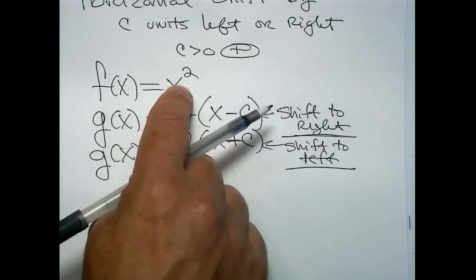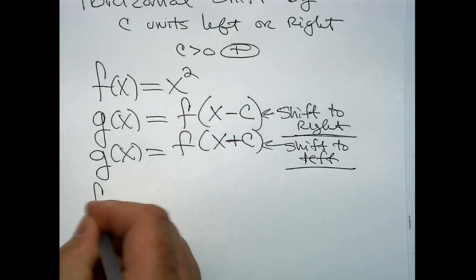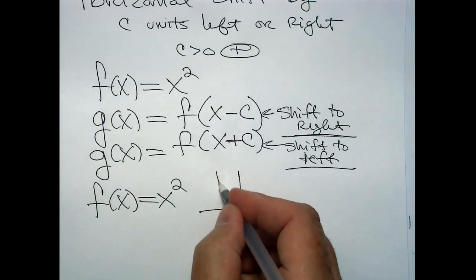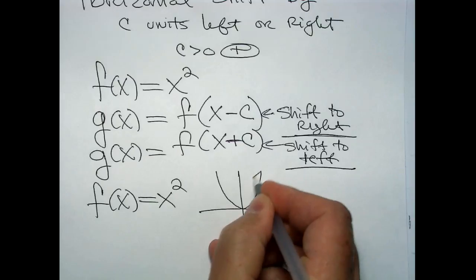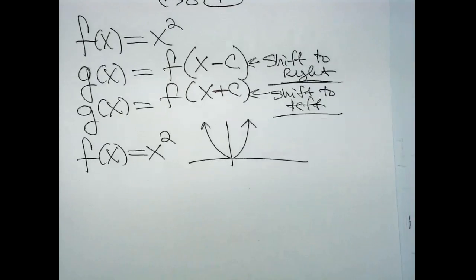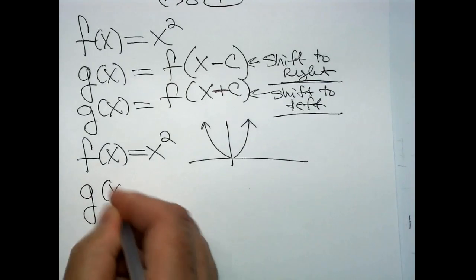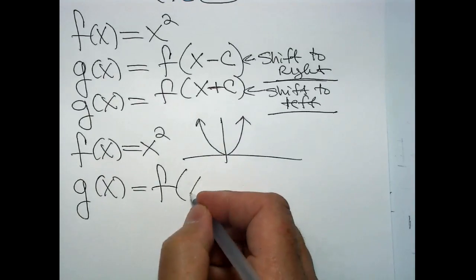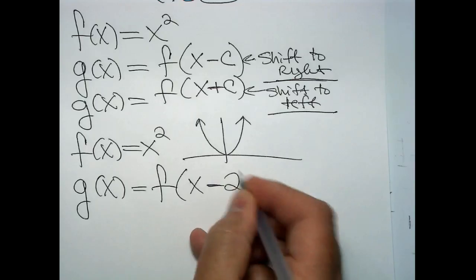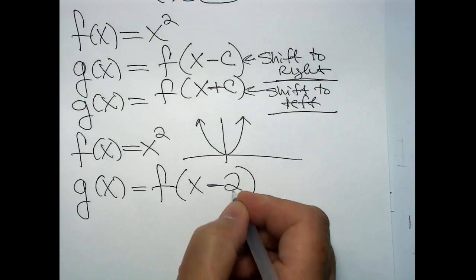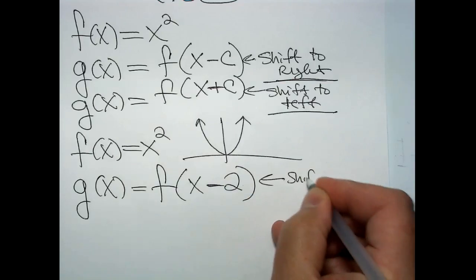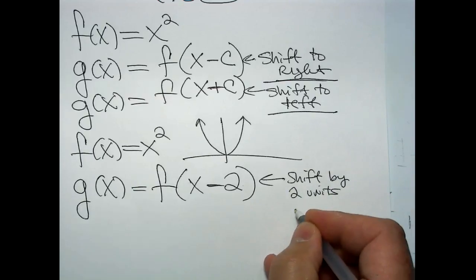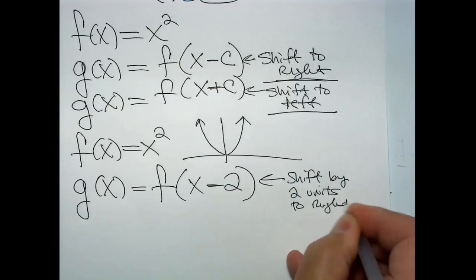So let's shift this curve to the left or right. x squared is our standard parabola here, sitting right there in the origin. And now let's create g of x by taking the original function, whatever it is, and let's subtract 2 from it. Now that ought to be a shift by 2 units to the right, not the left.